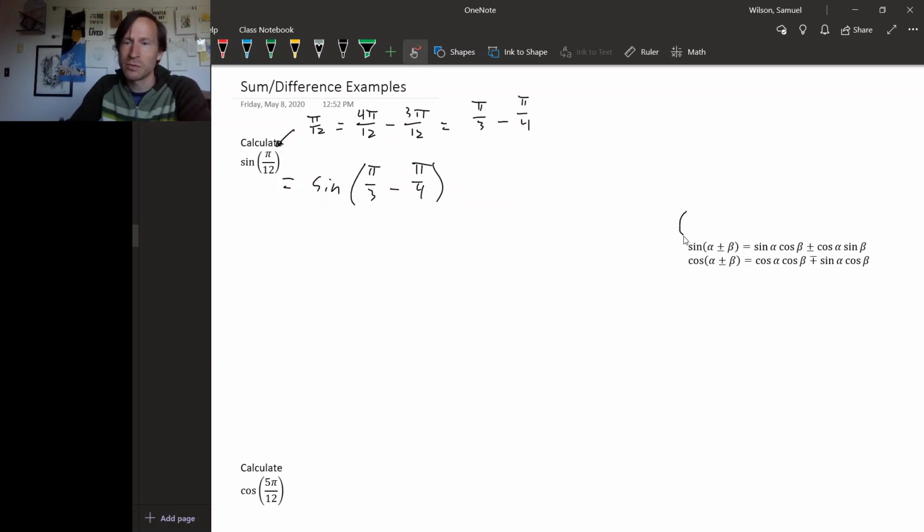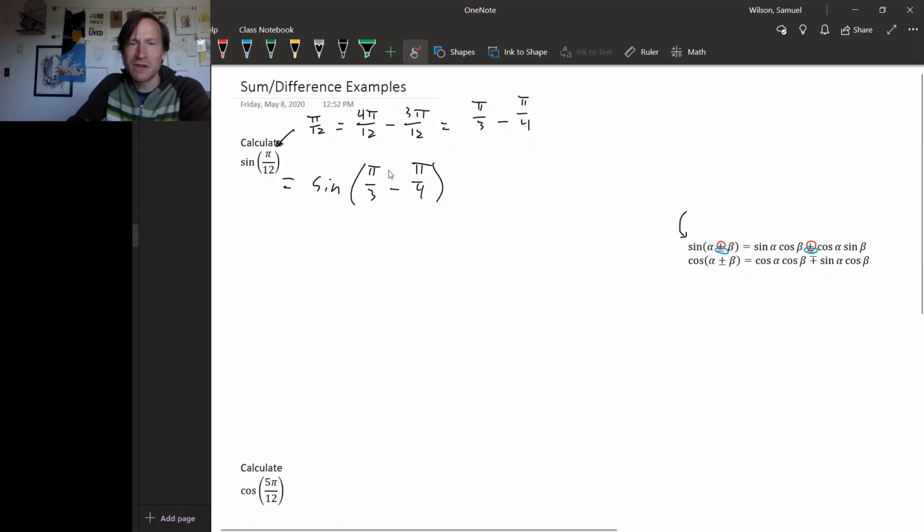I have the sum and difference formula written down here. The way this is supposed to work is the plus here goes with the plus over here, and the minus, since it's on bottom, goes with the minus right here.